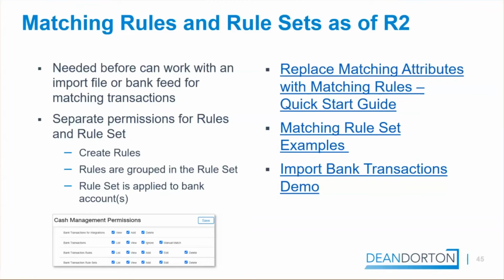So it's not a bad idea after each release to check your security, attend webinars like this, read the release notes from Intacct, and just see if there are things that you need to adjust in your security. Okay. But they did come out in release 2.